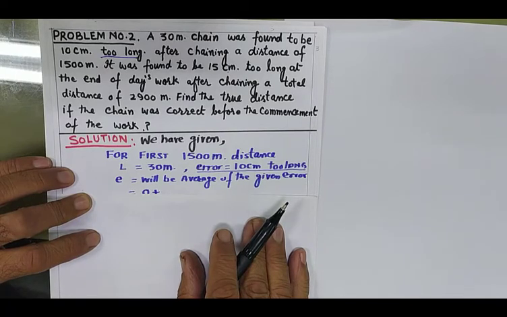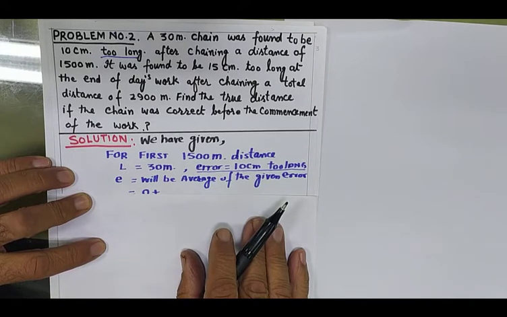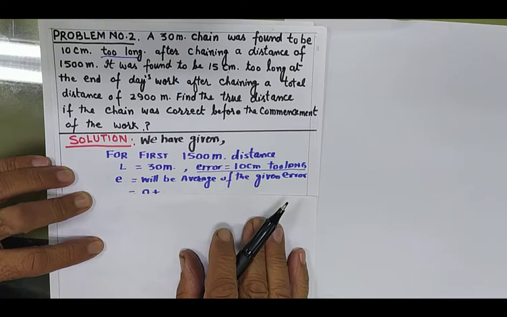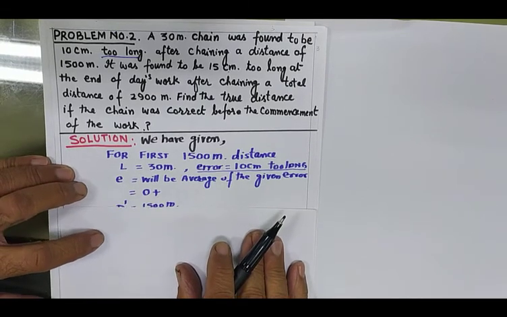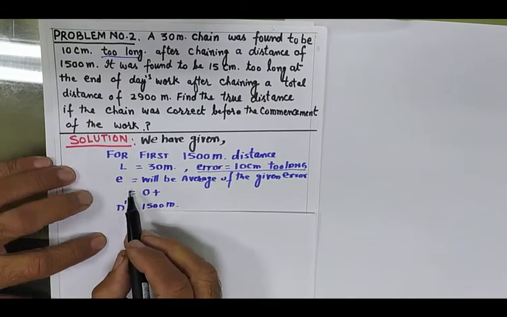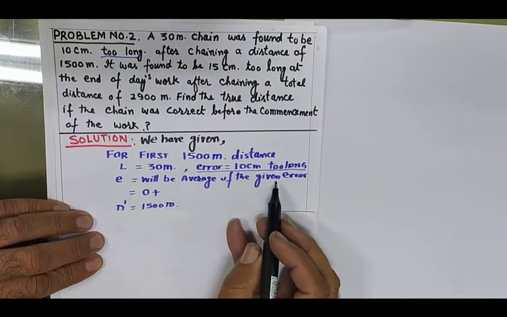The chain used was at first correct, of correct length 30 meters. After the measurement of 1500 meters, it was found to be 10 centimeter too long. So we have to take the average.